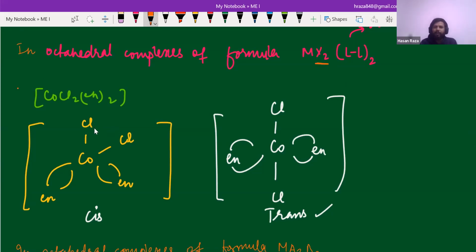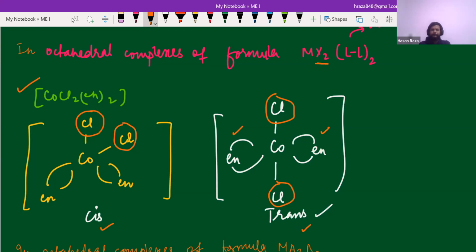So this is the formula. With respect to any one of them, this will be on the same side, that's why cis, or you can consider this part also, they are on the opposite side. That is why it is trans. Okay. Please do write it and then let me know.